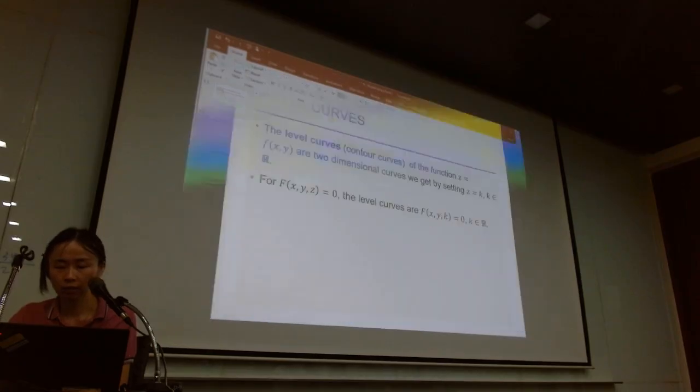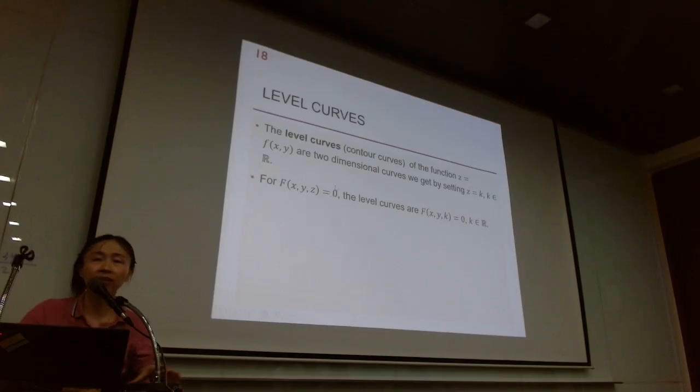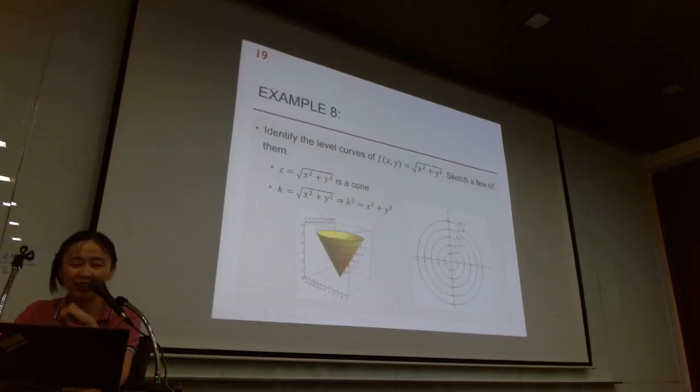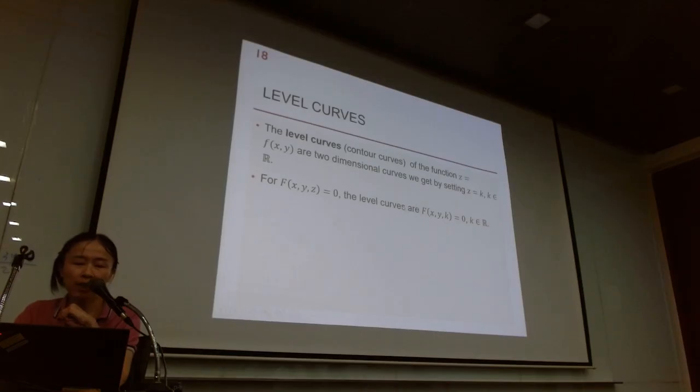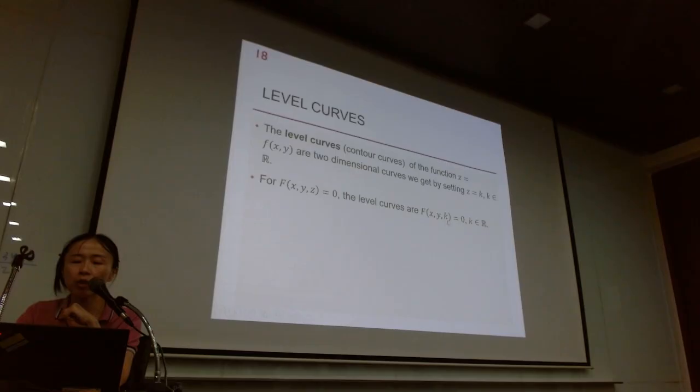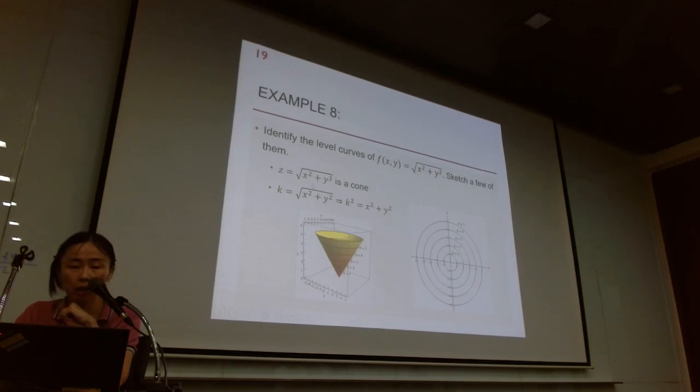Because I have to type everything, sometimes I type faster and just give a shortcut. So in this sense we have big F of x, y, because z equals k. I put the k here, so k inside. So in this sense, undefined.